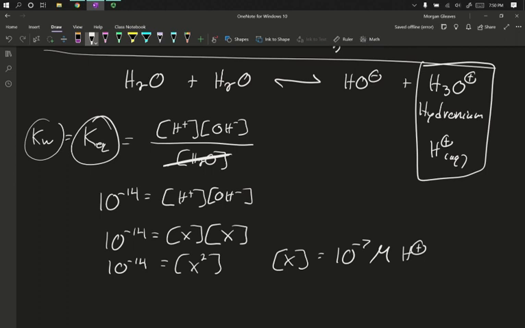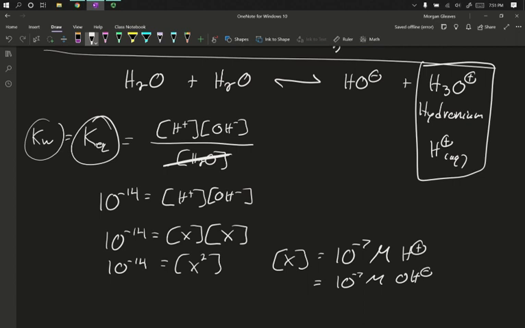Yes, it can give away a proton. It can act as an acid, and yes, it can accept that proton and act as a base, but the reality is it's not very good at doing it. So most of the solution is indeed just water. But there is a little bit of H+ and a little bit of OH-, and they are in equilibrium.